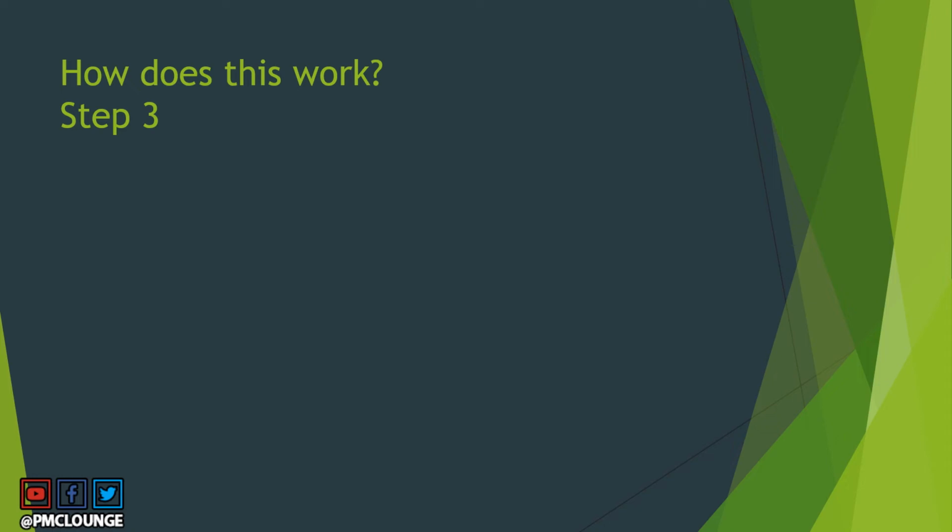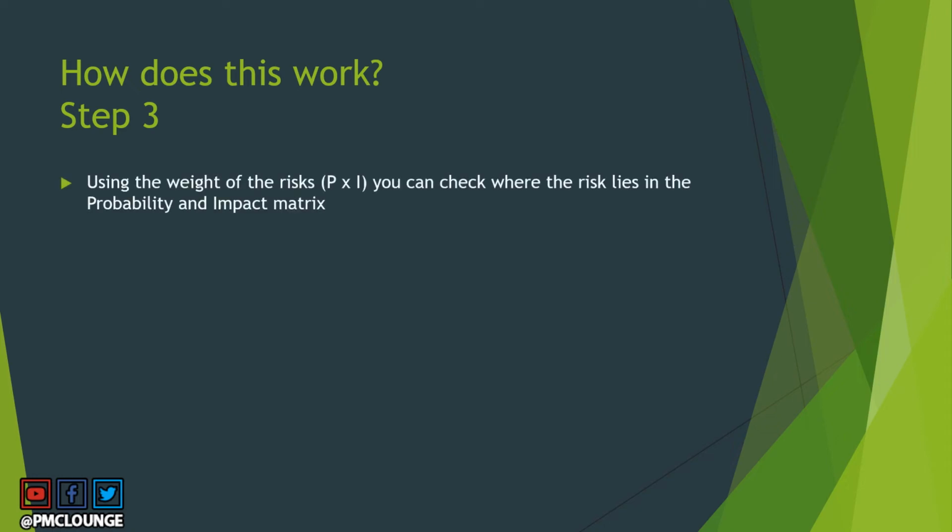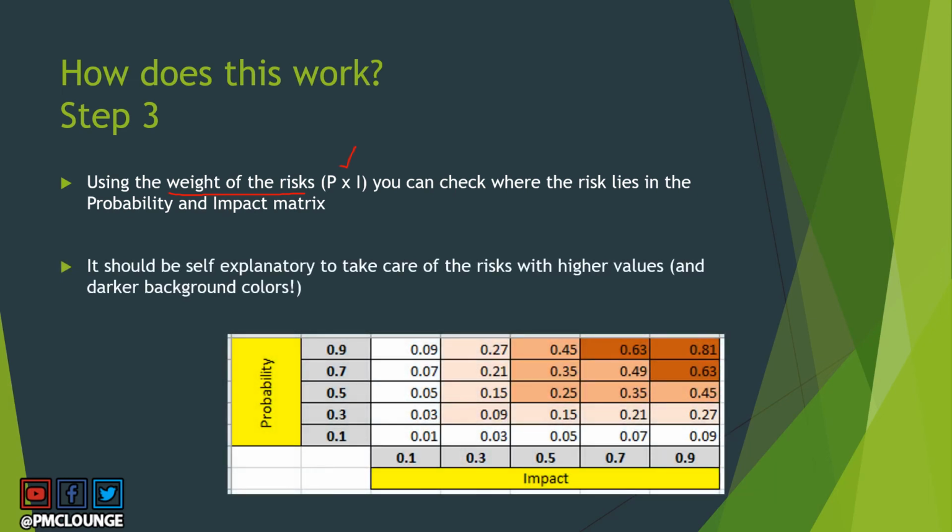All right, so let's move on to step 3, and you don't really have to do much in this step. All you need to do is use the weight of the risks that you have already calculated in step 2, the probability into impact, and see where these risks lie in the probability and impact matrix. So let me show you the matrix. Here it is.